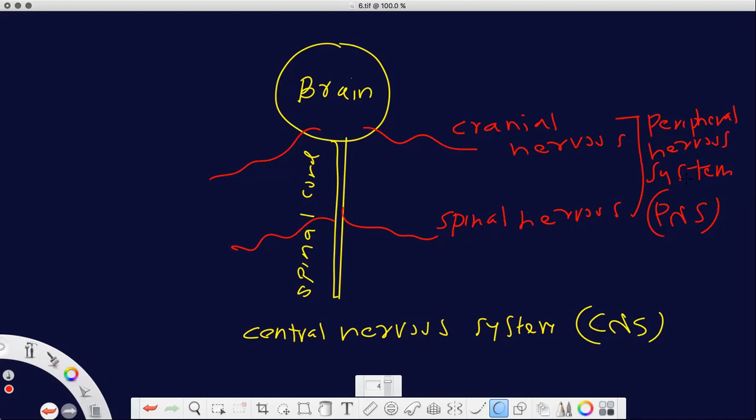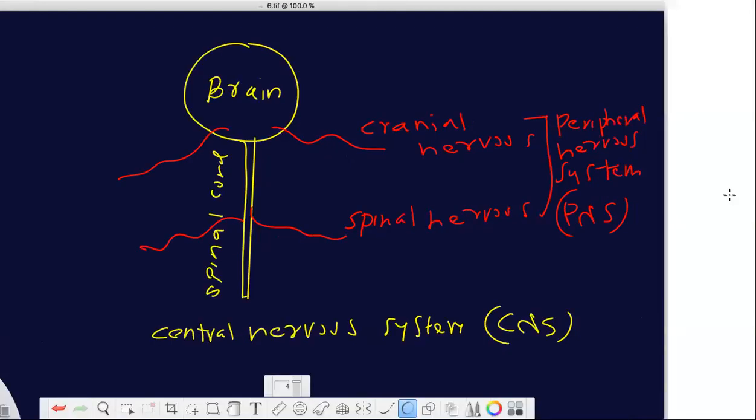The peripheral nervous system is the cranial nerves and spinal nerves. The central nervous system is the brain and the spinal cord. Right, this is the major part of the nervous system.